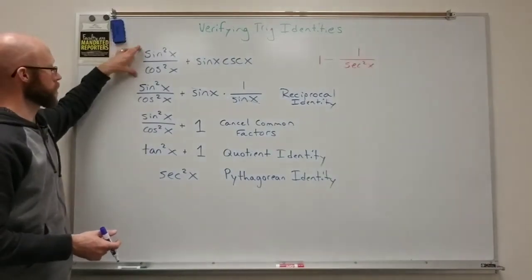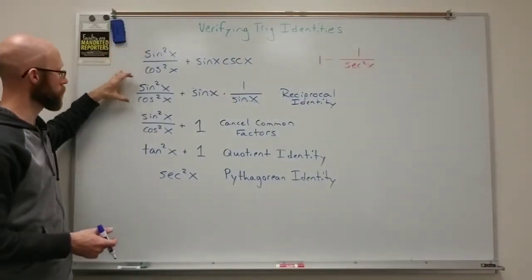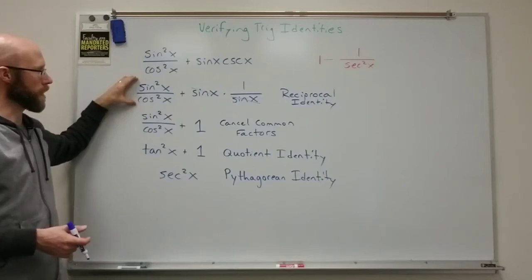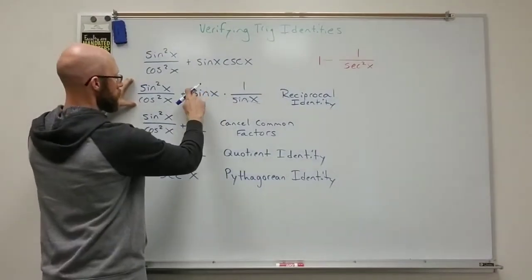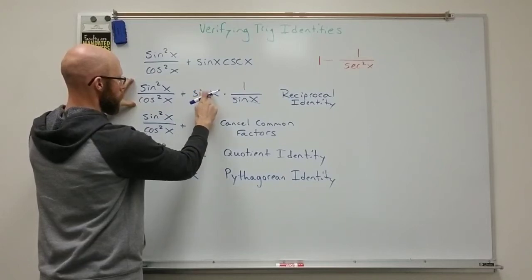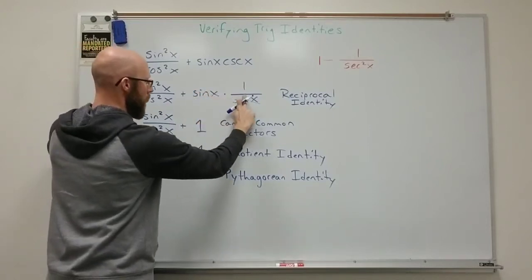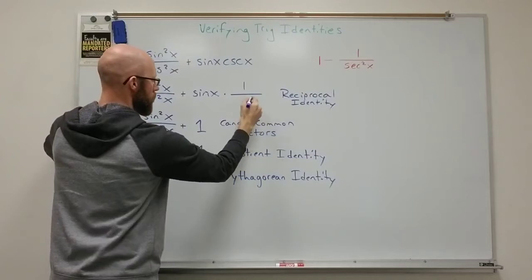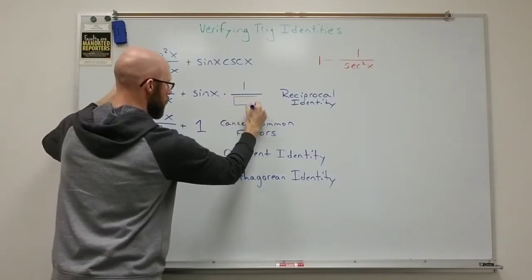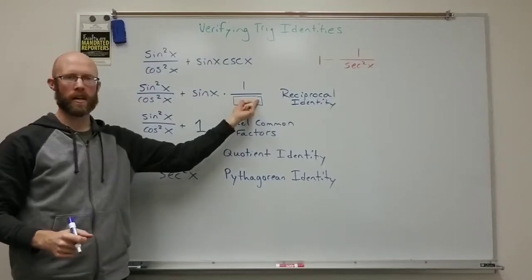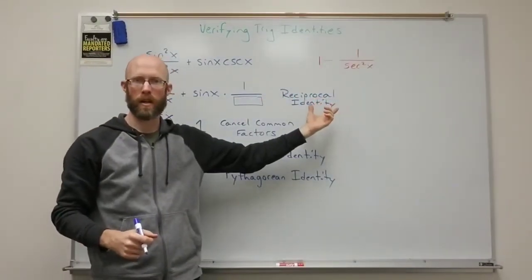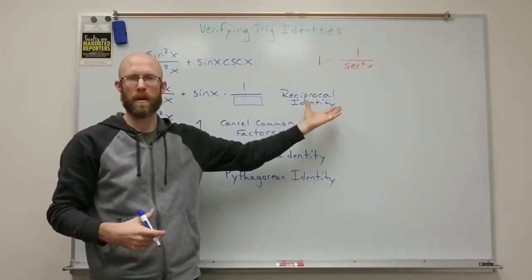It will give you an expression like this, and then it will give you a step. It might have something like this next step here, but instead of having the sine of x on the bottom, it might have a blank here. And then it may say fill in the blank and apply the appropriate fundamental identity.